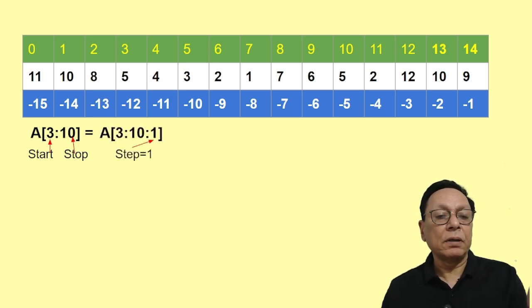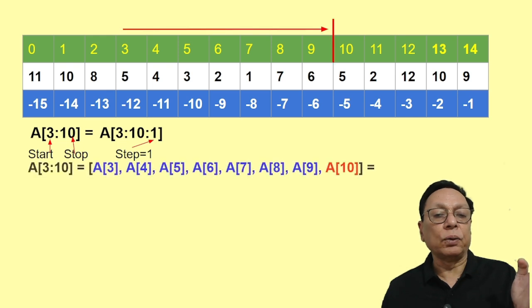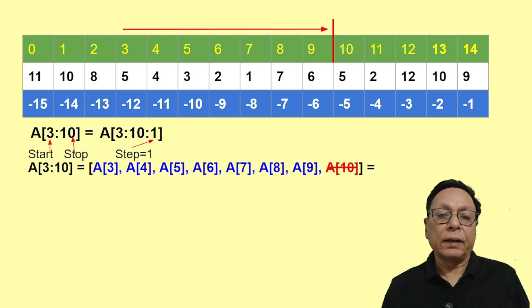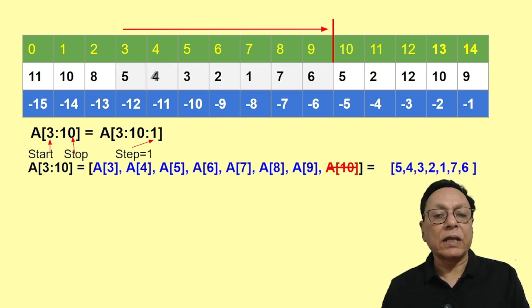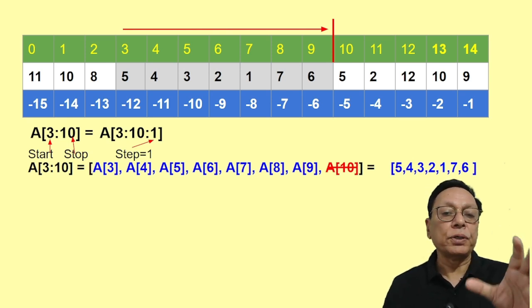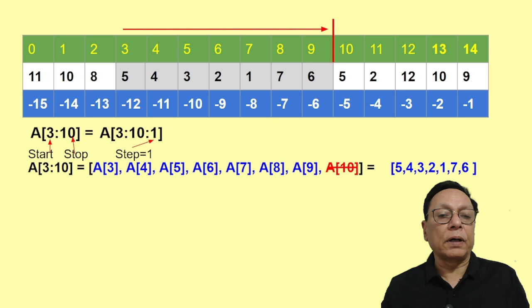So the step is +1 and we include 3, 4, 5, 6, 7, 8 and 9, and I exclude 10. The values of this slice will be 5, 4, 3, 2, 1, 7, 6. The shaded area is the slice. Hope you understood how to cut this slice from the list. Now next example.